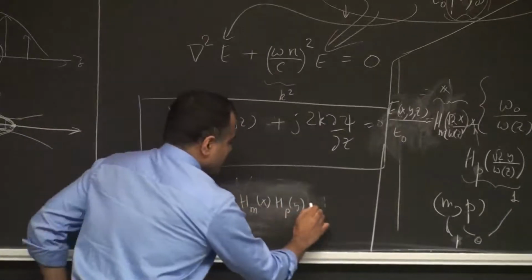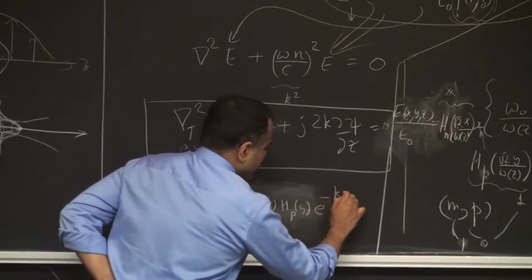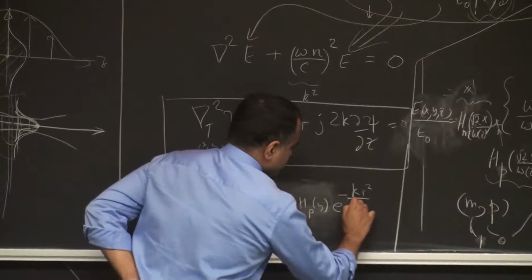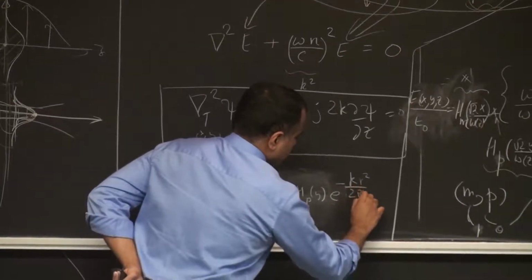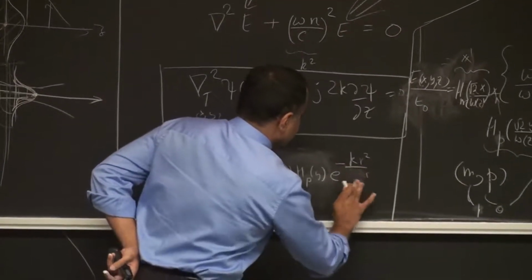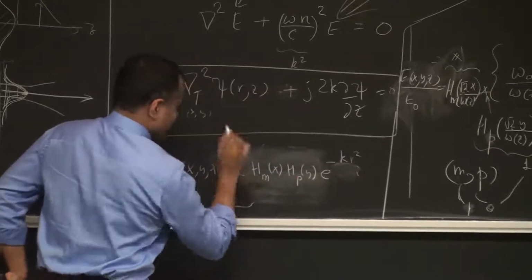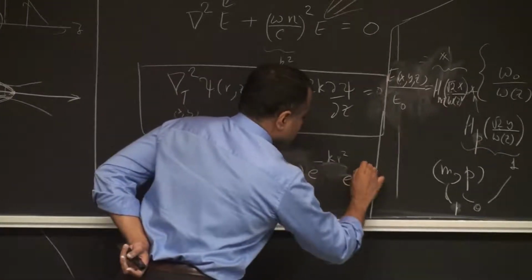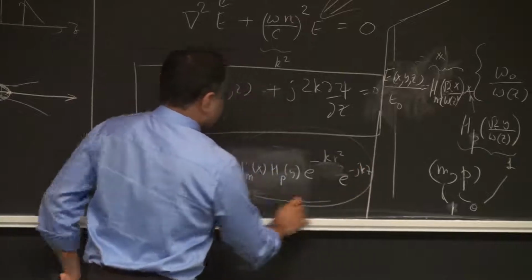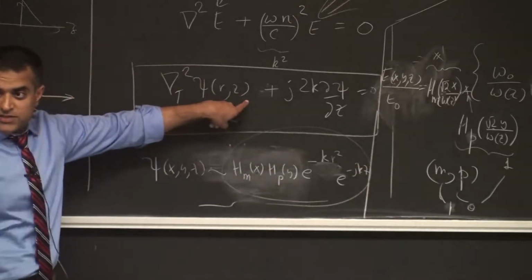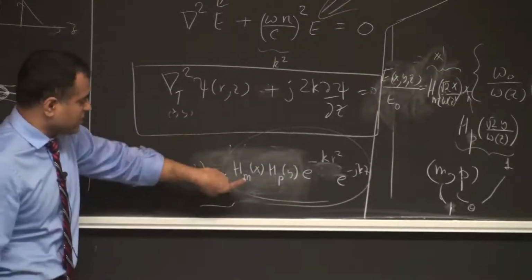I'm just kind of, but then, 2rz. Basically you have these, this is, let's say, and then a minus jkz. So if you take this and substitute it here, it works for every Hermite polynomial.